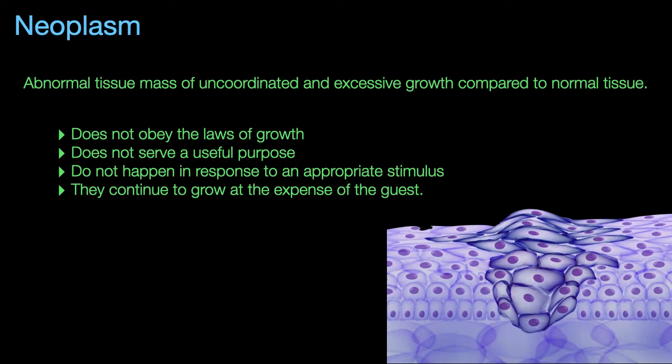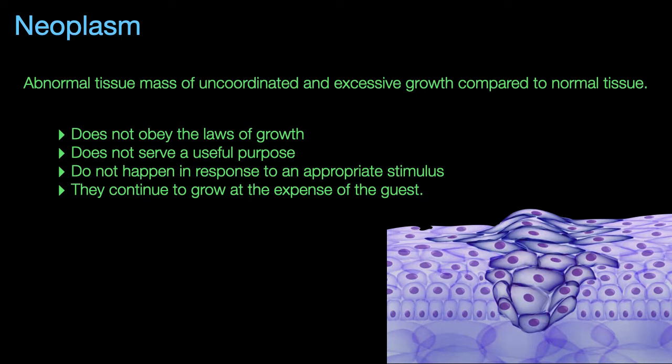All right, so what is a neoplasm? Well, this is an abnormal tissue that undergoes excessive growth, and this growth is also uncoordinated because it doesn't obey the laws of growth, and it doesn't have a purpose, and this doesn't happen in response to appropriate stimulus like hormonal stimulus or so.